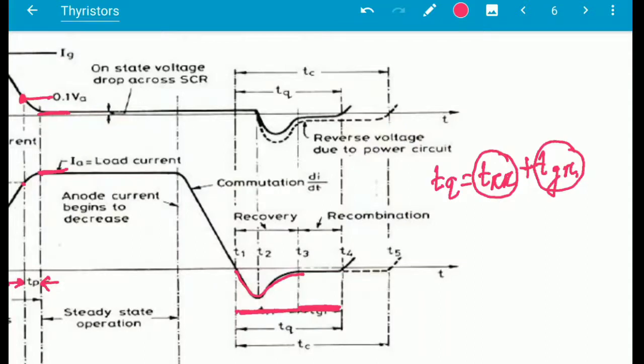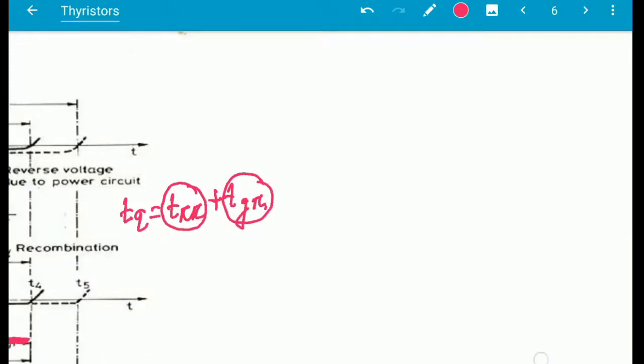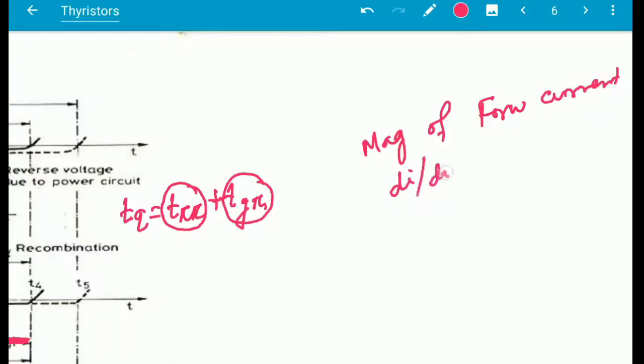The turn off time is influenced by many factors that should be noted down. First one is the magnitude of forward current. Next is the di by dt at the time of commutation. Commutation means turn off. Next is the junction temperature.